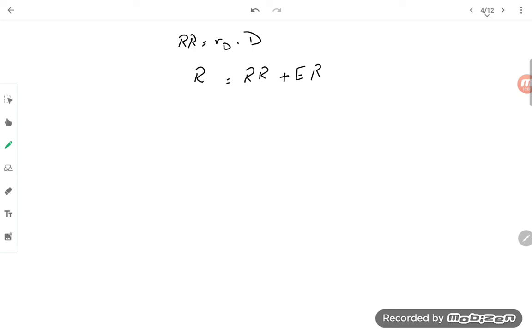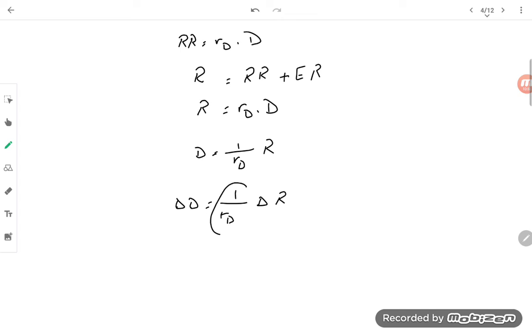But as we know that excess reserves in this case are 0, we can substitute RR equal RD multiplied by D, and this is R. So if you would like to find the amount of deposits, D equals 1 over RD multiplied by R. If it is a change, not an actual value, the change in deposits equals 1 over RD multiplied by the change in reserves.